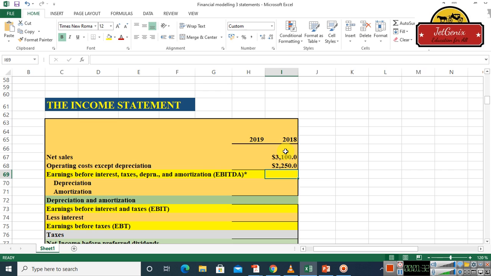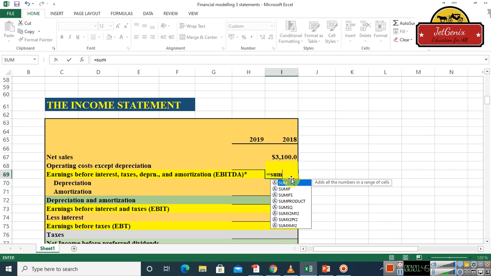Now we are going to calculate the earning before interest, tax, depreciation and amortization. Okay, so how are we going to calculate it? As usual, just type the equal. Okay, and now sum it. Okay, no, I'm sorry guys, I'm not gonna sum it, but I'm going to deduct or subtract the operating cost from the net sale.